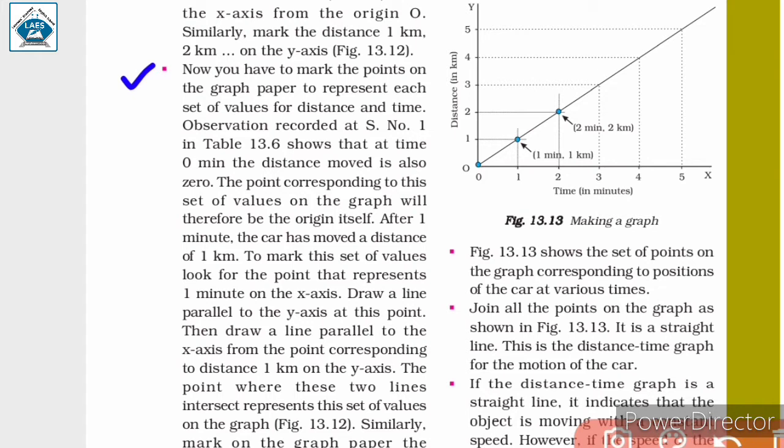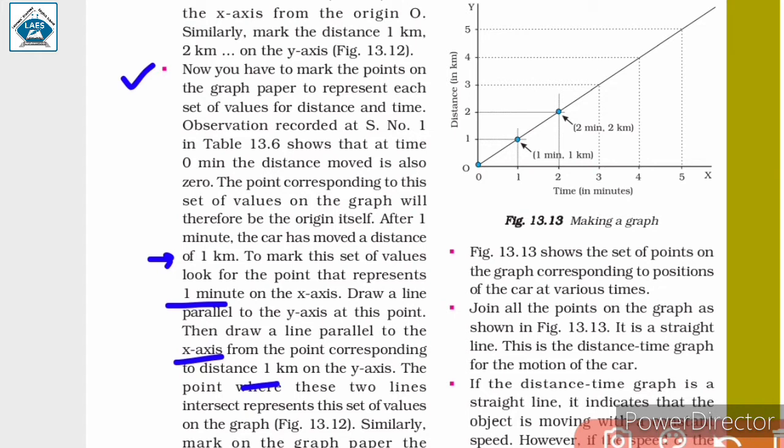After 1 minute, the car has moved a distance of 1 kilometer. To mark this set of values, look for the point that represents 1 minute on the x-axis. Draw a line parallel to the y-axis at this point. Then, draw a line parallel to the x-axis from the point corresponding to the distance 1 kilometer on the y-axis.